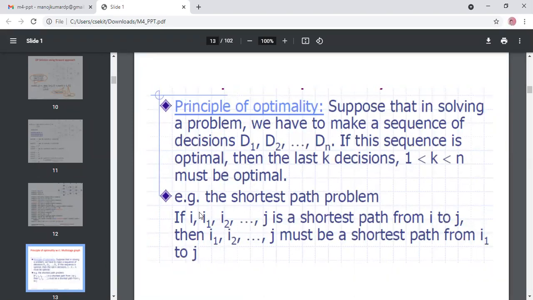Example, the shortest path problem: if I, I1, I2, J is the shortest path from I to J, then I1, I2, J must be the shortest path from I1 to J.